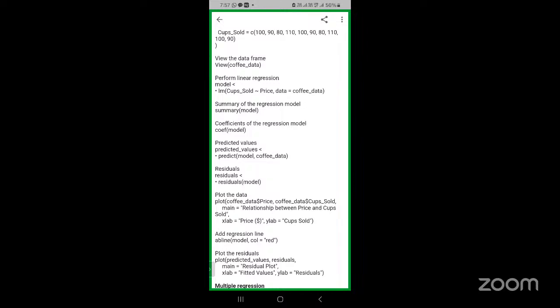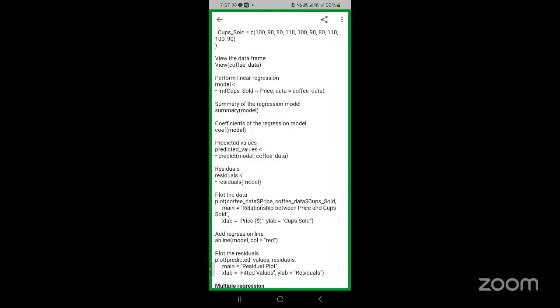And in the linear modeling, the first one will be the dependent variable. In the plot, first will be the independent variable.